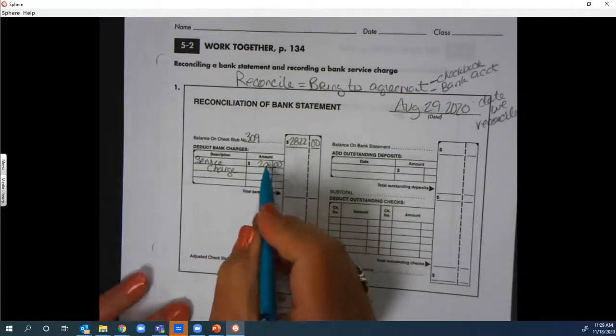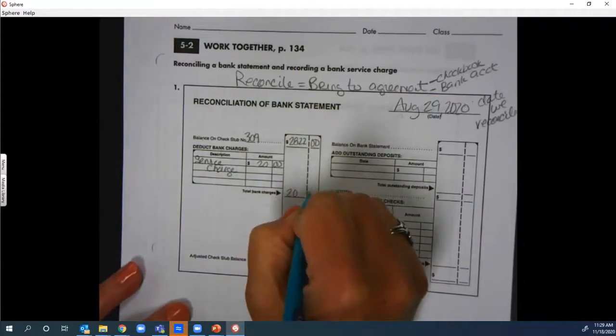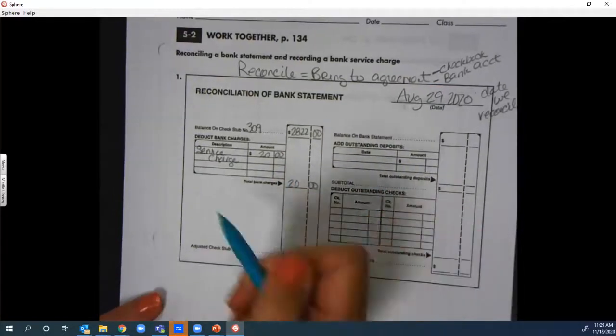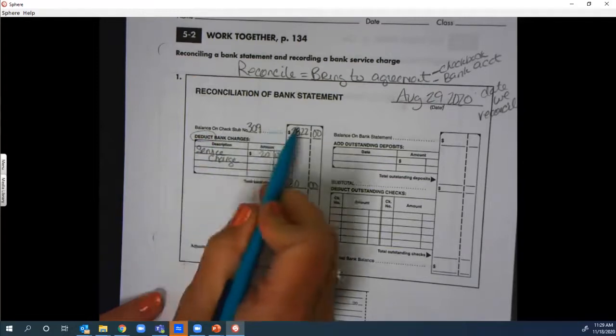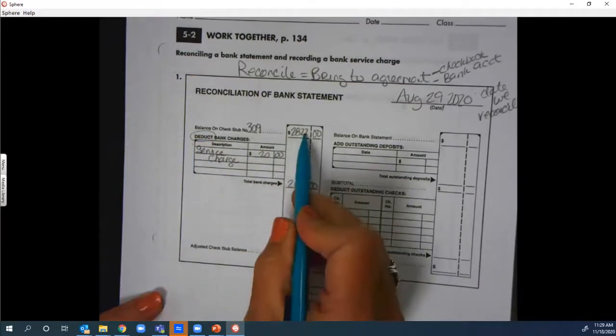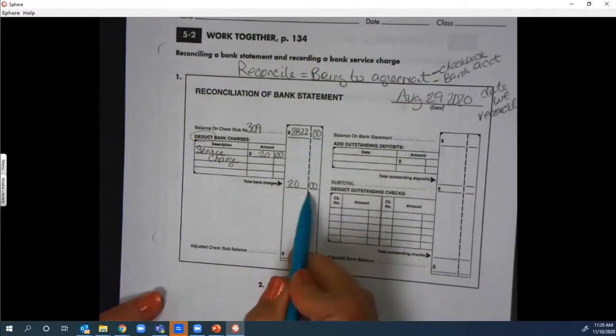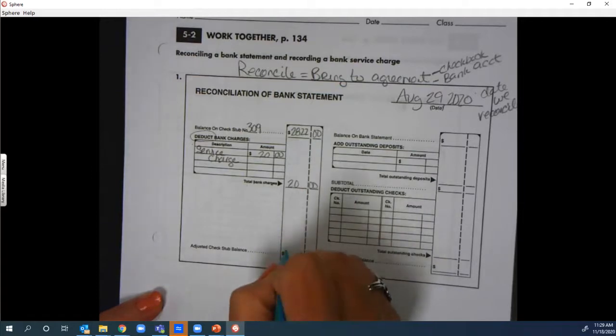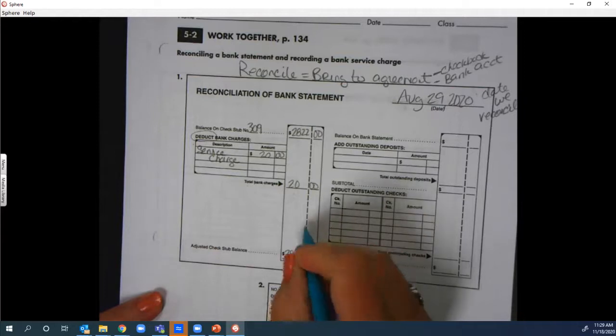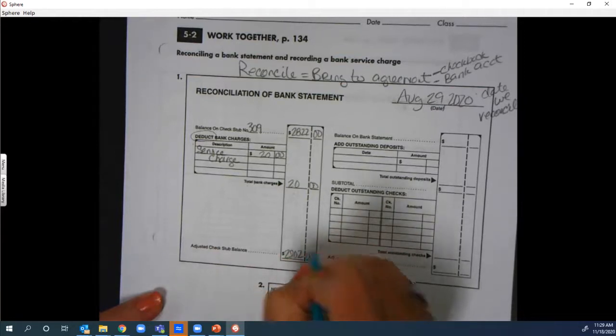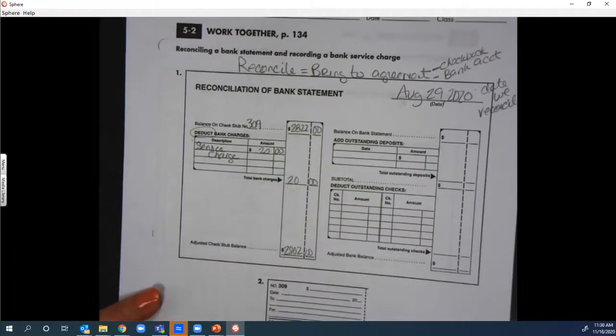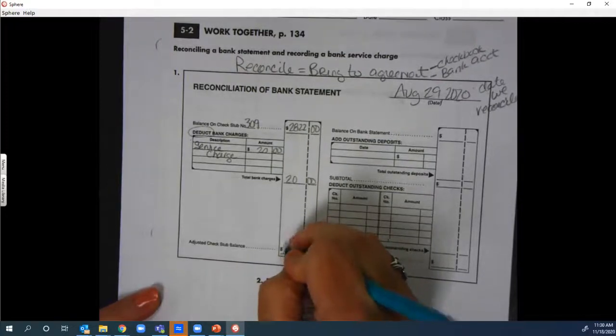So in this case, it's just going to be the 20, and it's telling us what to do. Deduct the bank charges. So 2822 minus 20, and our new balance is 2802, 0 cents. Can y'all see that? 2802.